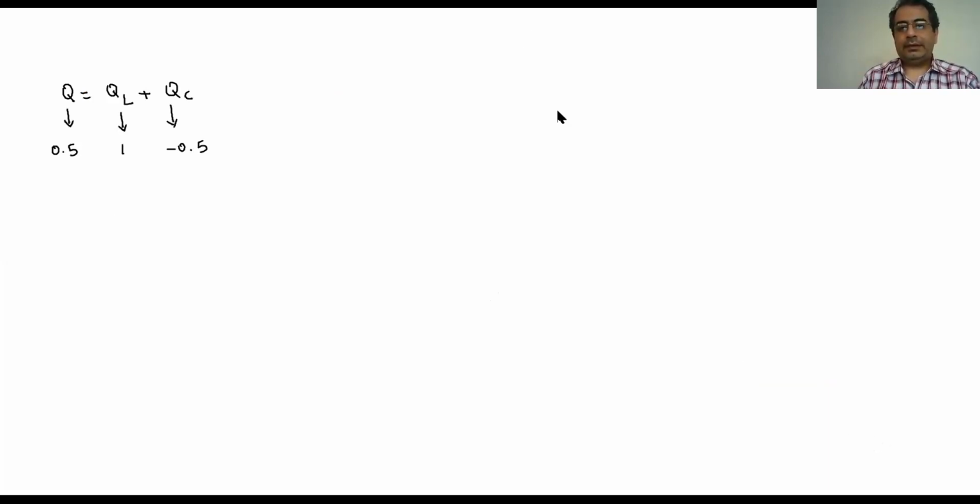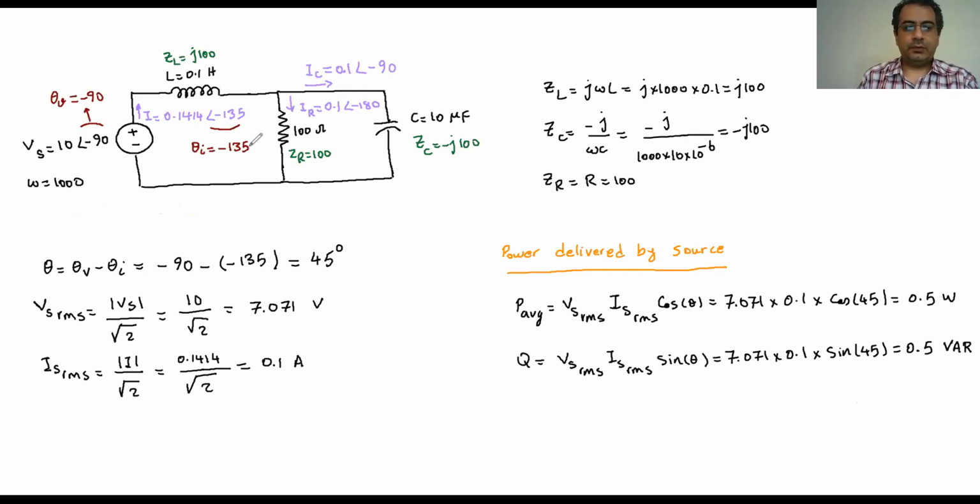Also I can go ahead and calculate the power delivered to the resistance. This is just a double check, and I could have done it before. There's only one resistance here, so all the average power is just used by the resistance. There's zero average power here, zero average power here.